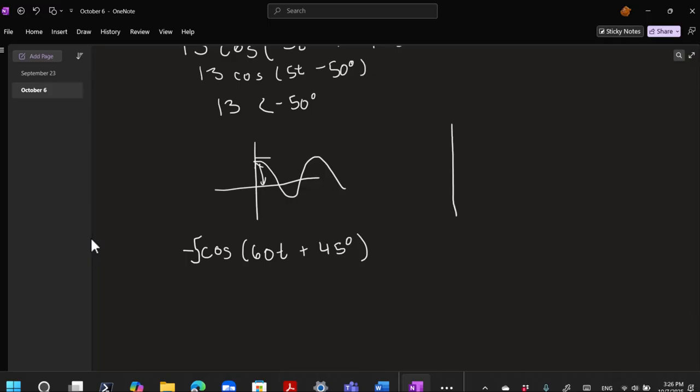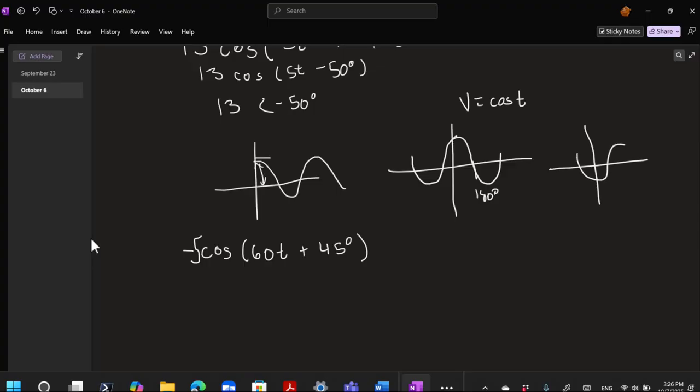So if I look at a cosine graph, so this is v equals cosine t, and this is 180 degrees. And then if I look at a negative cosine graph, so this is v equals negative cosine t.